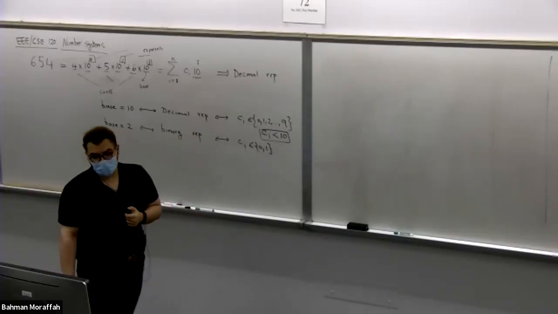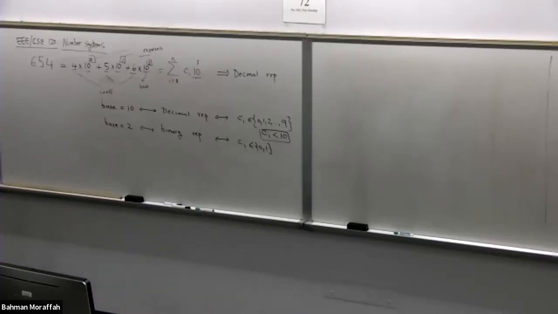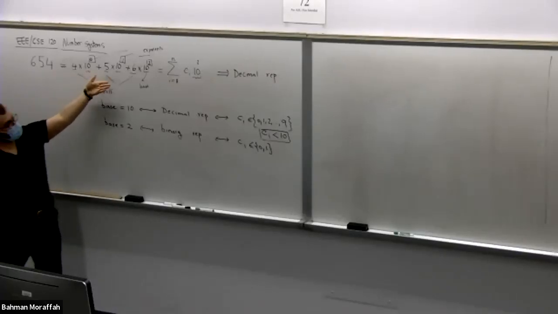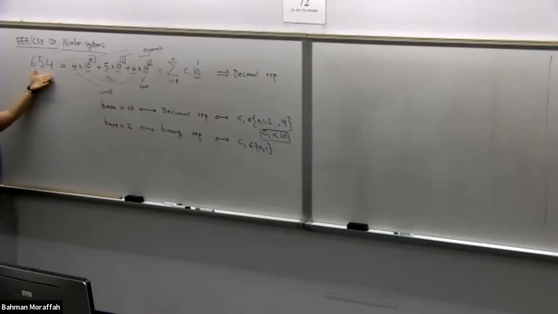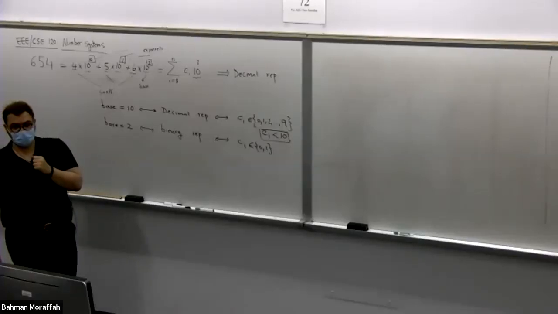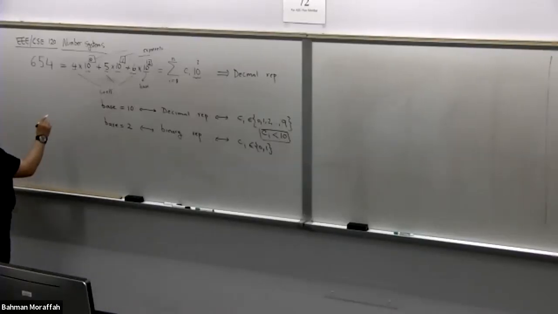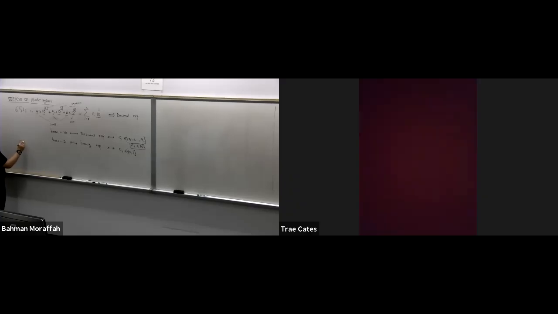All right, let's do an example. If I gave you this number, I could have written it this way, and that would have been the decimal representation. Let's say I have this number, 654, and I want to know the binary representation.